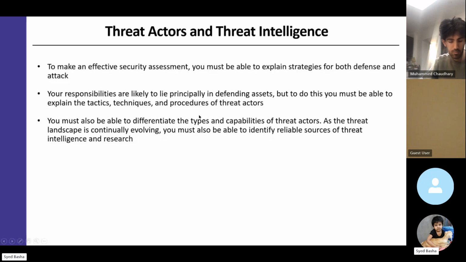You should know what technicalities the hackers are using, and what procedures they're using to try to get into our network. Different hacker groups have different tactics and techniques. We will see them one by one, inshallah.